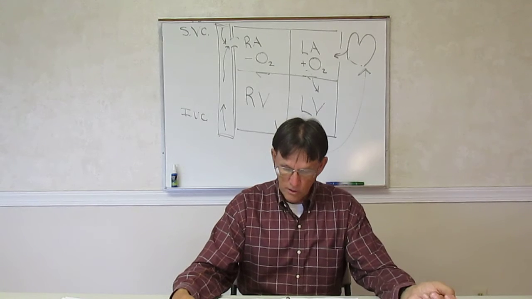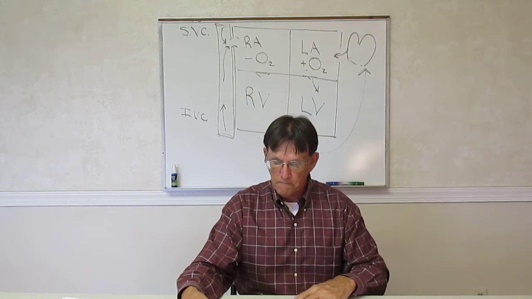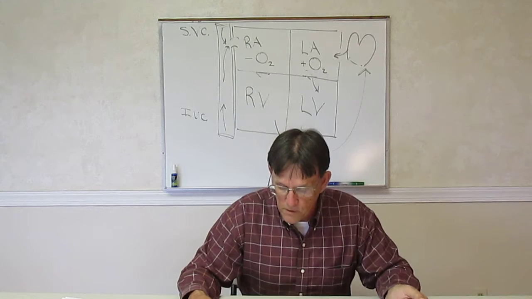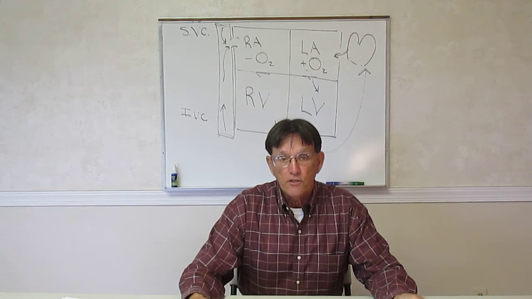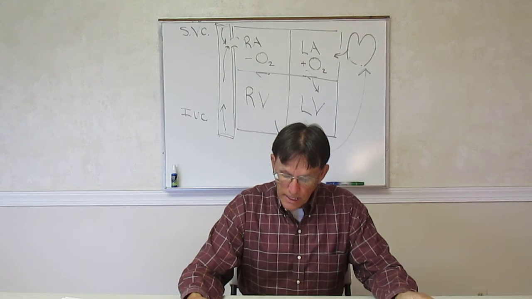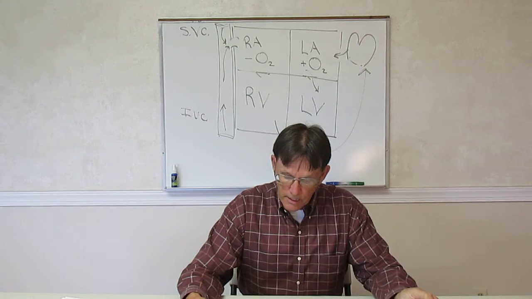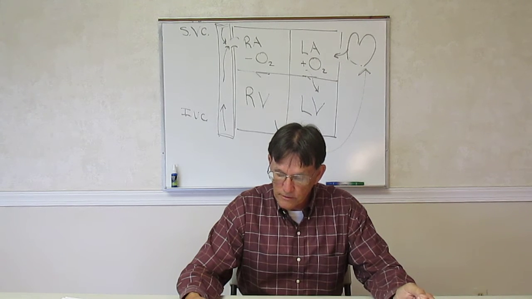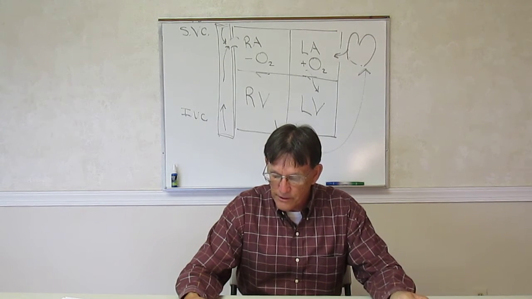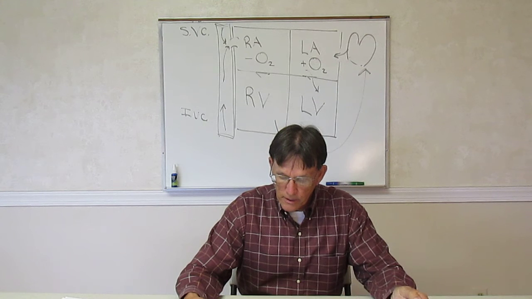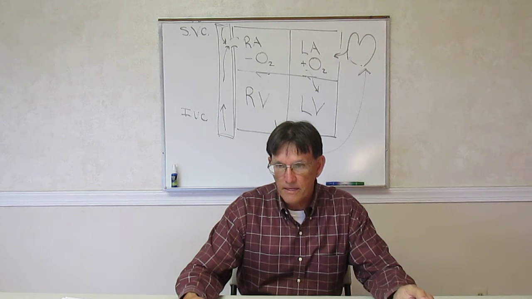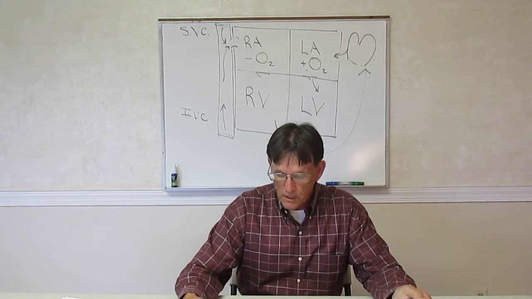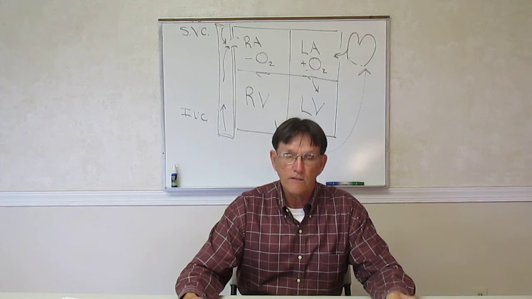All right, so a little bit about the hematology of the blood. If you're looking in your big book, there's a picture of a test tube that shows how the blood settles out, and you'll note the plasma, which is the clear or clear to yellowish colored fluid, and the buffy coat, which is white blood cells and platelets, and then the erythrocytes on the bottom, which are nothing more than red blood cells.